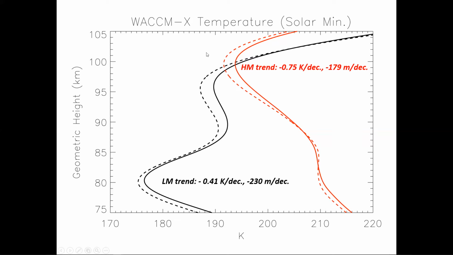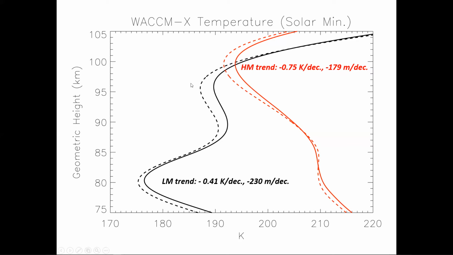But if we look at the high mesopause in the model simulation, the cooling trend of the mesopause temperature is negative 0.75 Kelvin per decade. Again, much less than the LiDAR high mesopause trend. The dropping rate is 179 meters per decade, which is considerably slower than the LiDAR measurement shows.